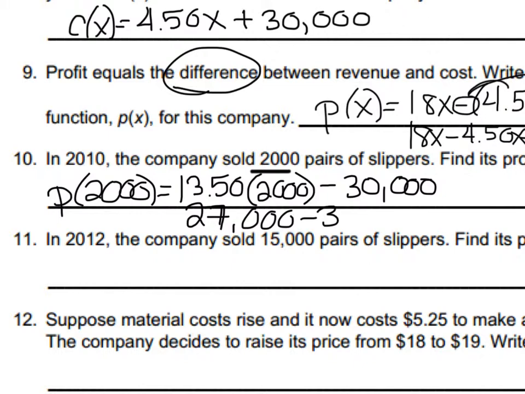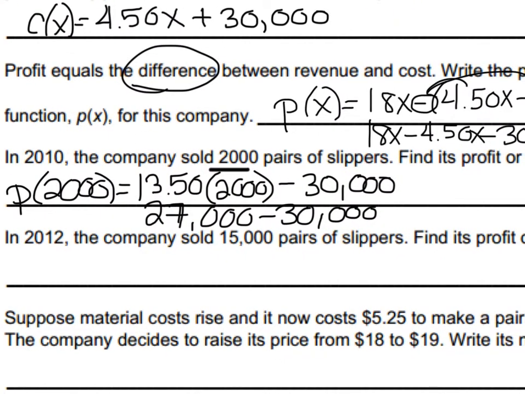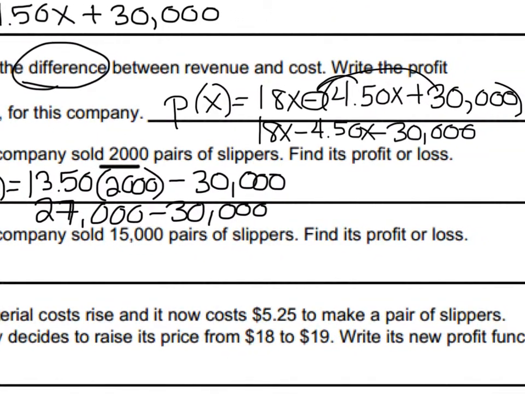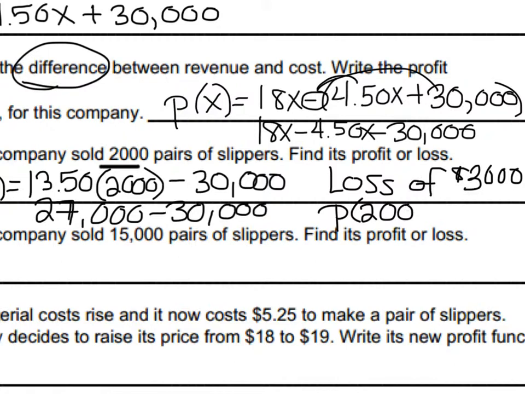However, their annual costs were more than that, which means they didn't have a profit in 2010. They had a loss of 3,000. Or you could say that P of 2,000 is equal to negative 3,000.